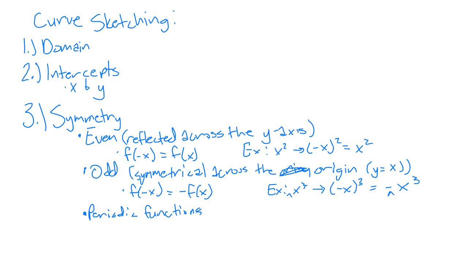The way we define a periodic function is if f of x plus p equals our initial f of x, where p is equal to the period, which is our interval over which our function repeats. Essentially, these are just translated across the period.